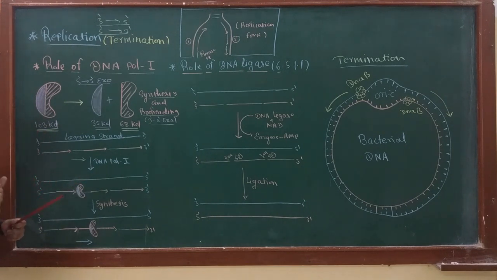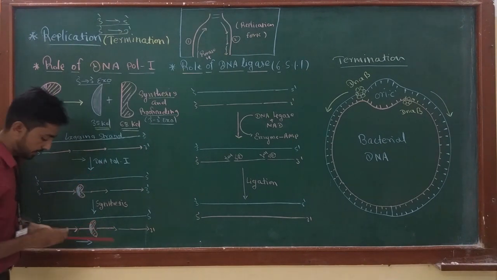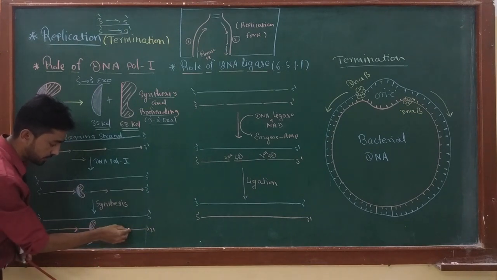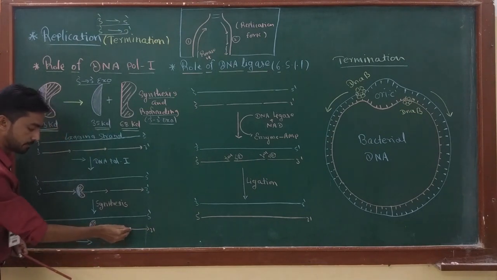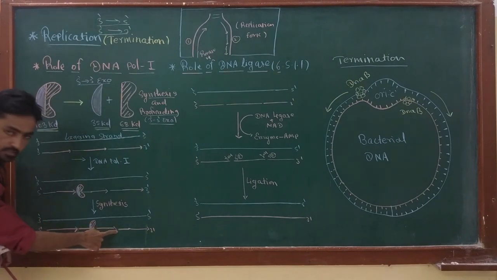But the problem that still remains is that this enzyme cannot seal the gap. If the enzyme removes this primer and fills it with the DNA strand, the same case is here, and the nick still remains between adjacent Okazaki fragments.